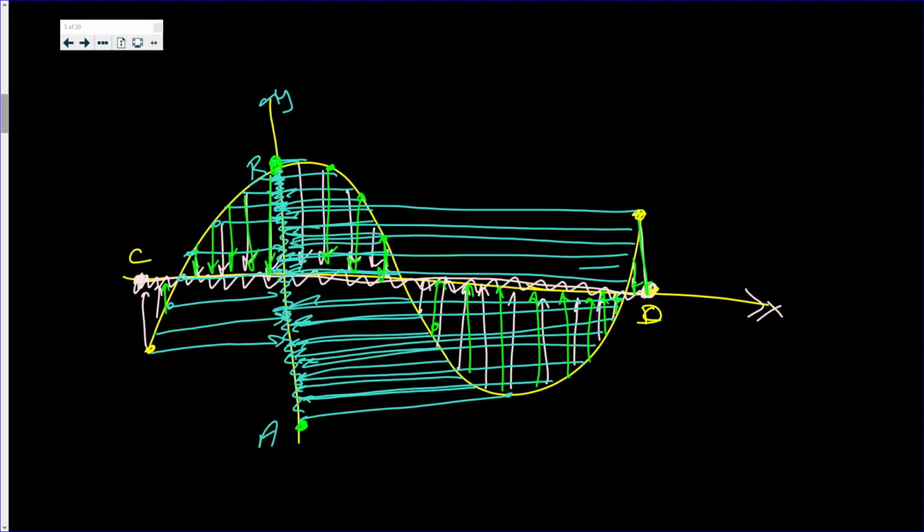And in this particular graph, it seems like it's between C and D. So X is in between C and D. The range seems like Y is between the low point to the high point. Y is between A and B. Okay. This finishes the video, domain and range.